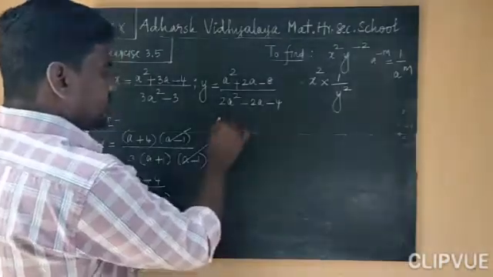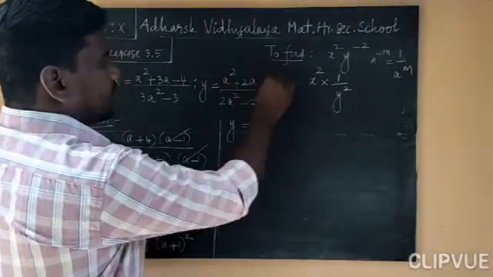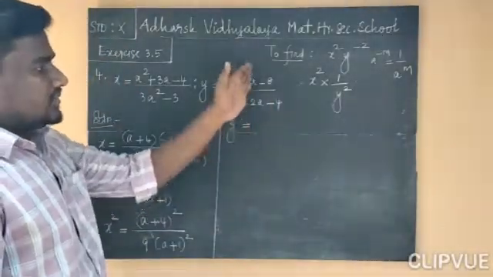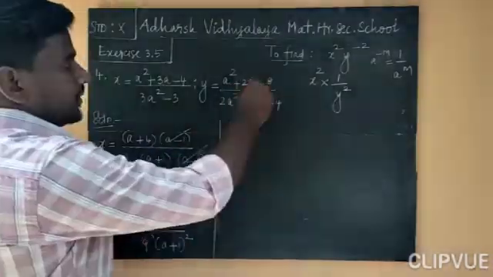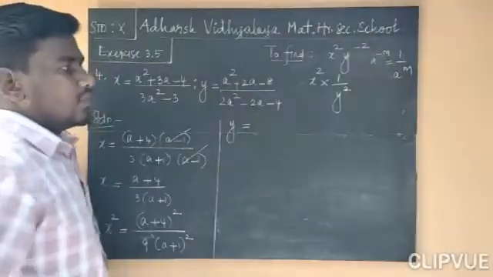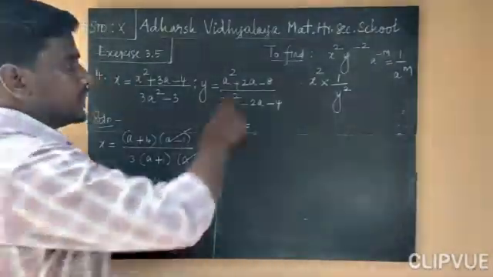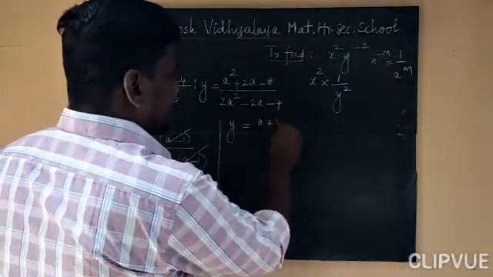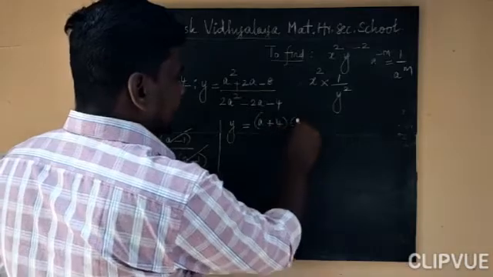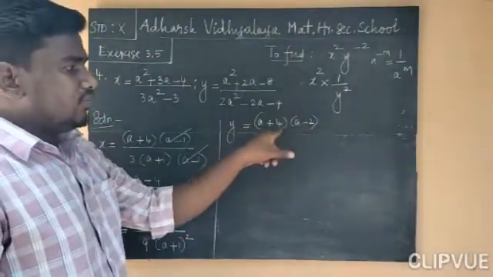Similarly, we are going to find the y square result. Y is equal to this one. Okay. So this rational expression. First, find the factors of this one. A square plus 2a minus 8. The product of any two numbers is minus 8. Sum of the same two numbers is 2. 4 and 2, you know that. A plus 4 and a minus 2. 4 into minus 2 is minus 8. 4 minus 2 is 2.